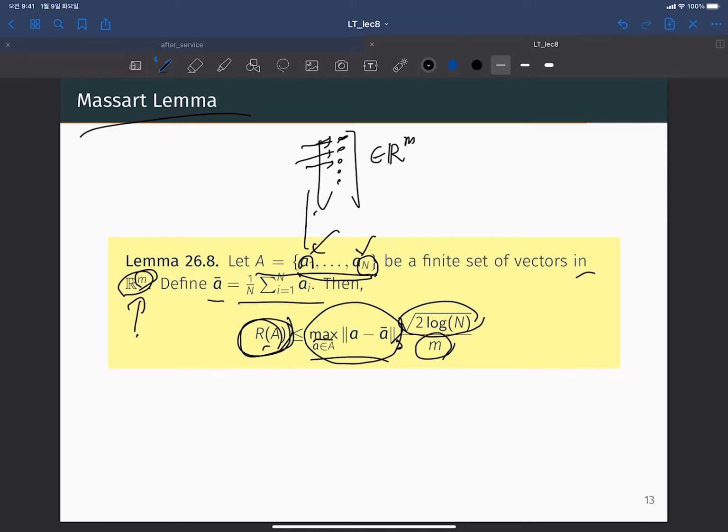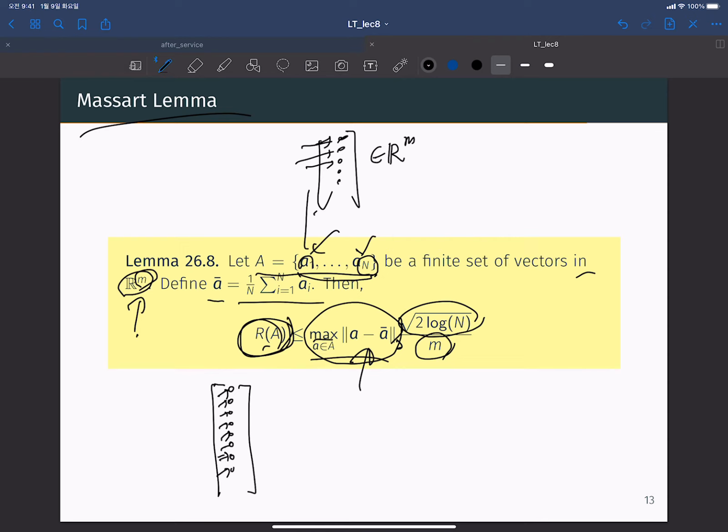But note that when we have bounded loss values for each training data point, as the number of data points M increases, this value also increases. Imagine we have a vector with finite interval values.